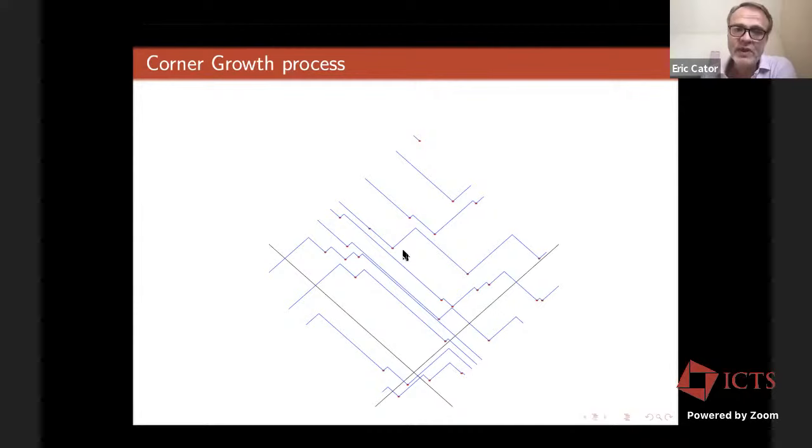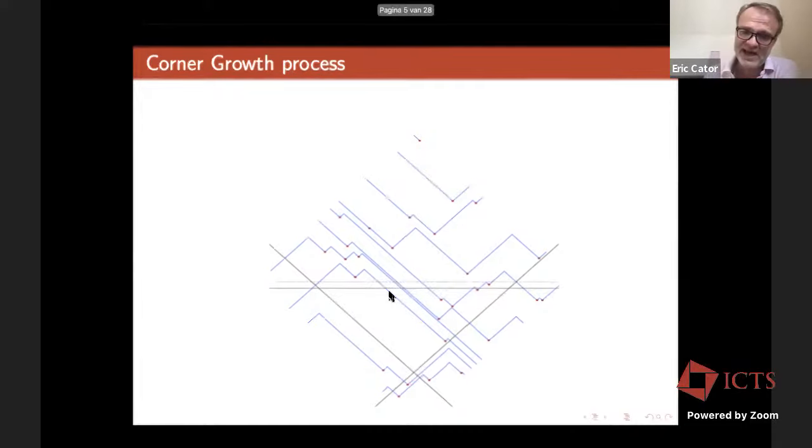And if you draw in this picture a horizontal line, you again get crossings with the blue paths. But now the crossings consist of two different types. You have a crossing with a positive slant, which you call a positive particle, and then you have a crossing with a negative slant, which we call a negative particle. And this process of particles can also be seen as a Markov process.